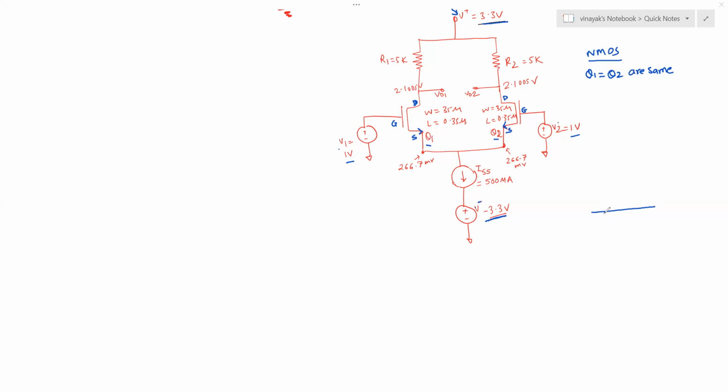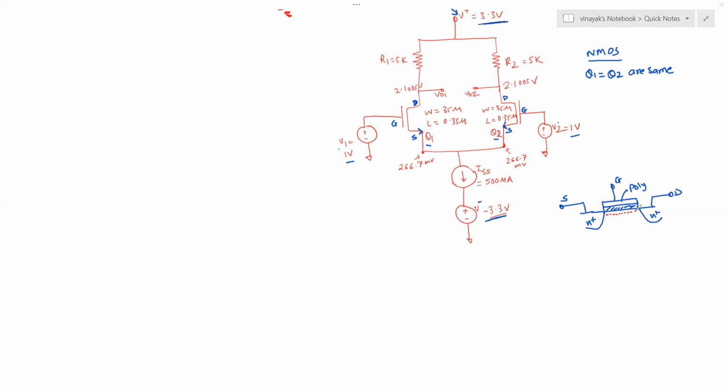You have a semiconductor, and these are the heavily doped N plus regions, and on top of it is oxide, and on top of that you have polysilicon. So this is your gate pin, this is your drain pin, this is your source pin, and then you have a channel here.